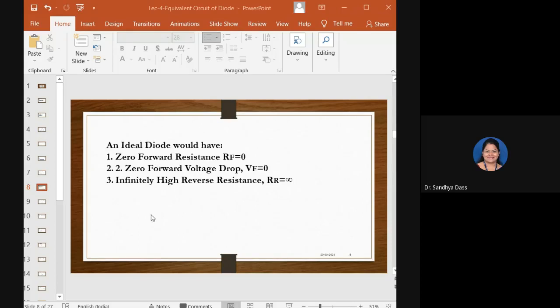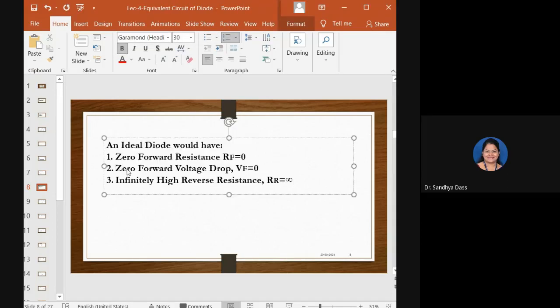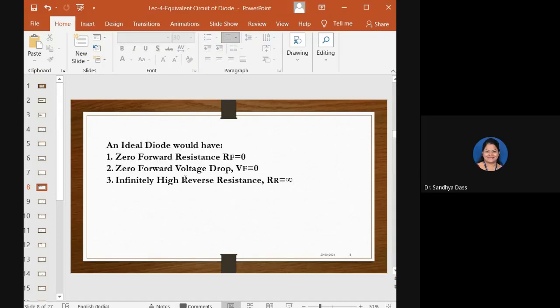So typically, we have understood now, an ideal diode would have 0 forward resistance, that is RF, and 0 forward voltage drop. Forward voltage drop means the voltage drop across the diode when it is conducting.